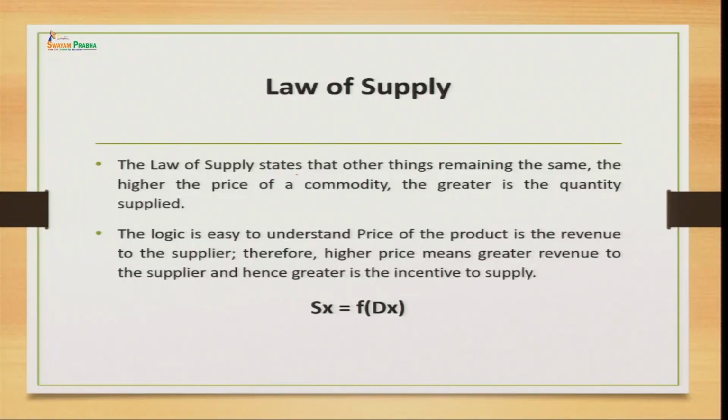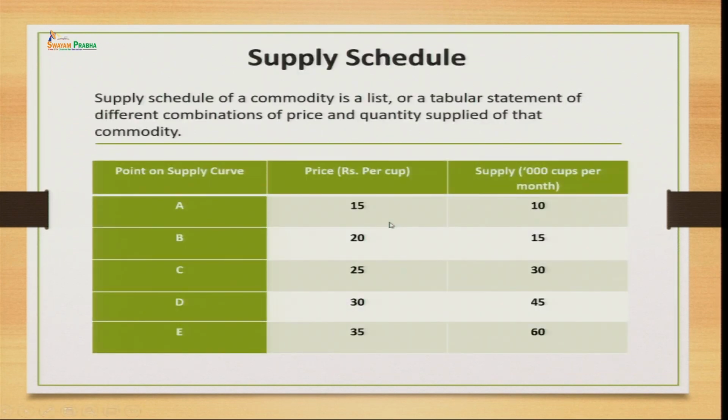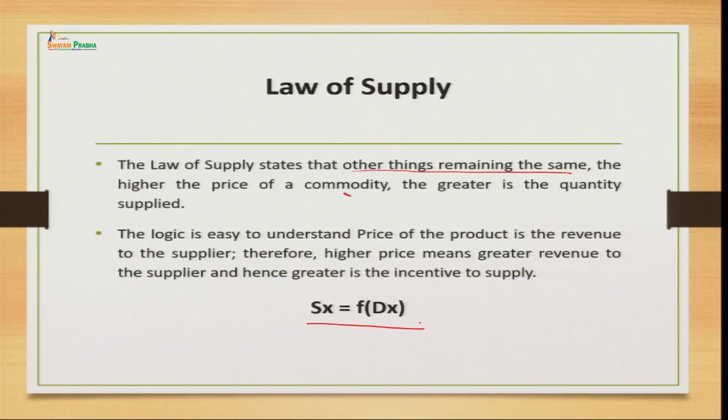So, the law of supply states that other things remaining the same, that means we have assumed the other determinants to be constant, the higher the price of the commodity, the greater is the quantity supplied, because that will benefit the supplier, right. And this is how we state this law of supply function here, because we are only studying the price of that commodity.